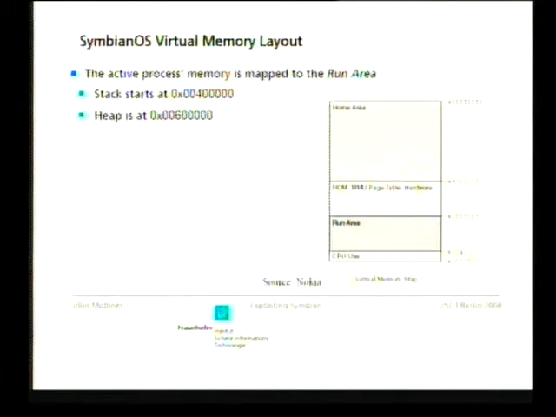Now, each Symbian OS application, of course, has virtual memory. The memory mapping looks like that. So you basically always have your stack at this address, with some slight offset because there's always some initial data in the beginning.